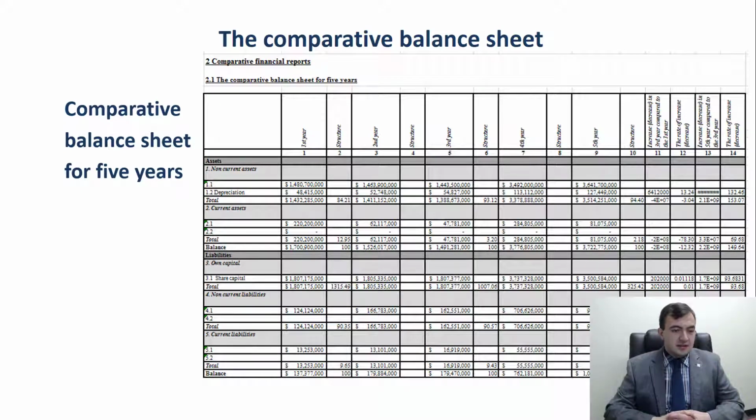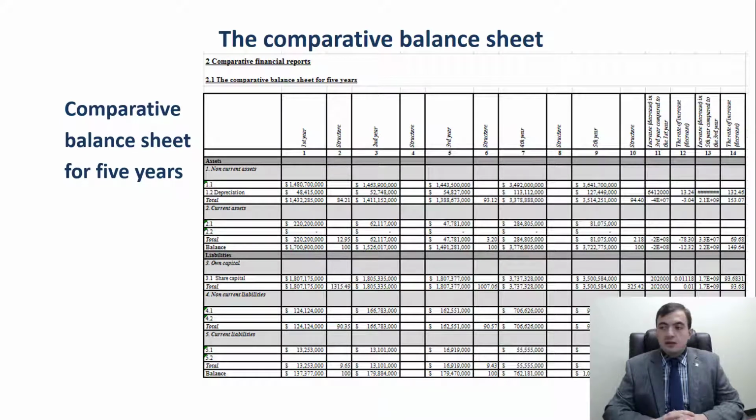We will put in the columns the first year, second year, third year, fourth year, and fifth year, the information that we get from the simple balance statement, and we will insert all the data in this comparative balance sheet.